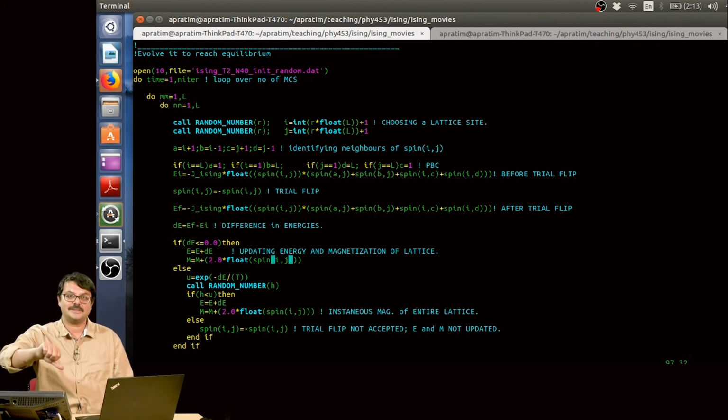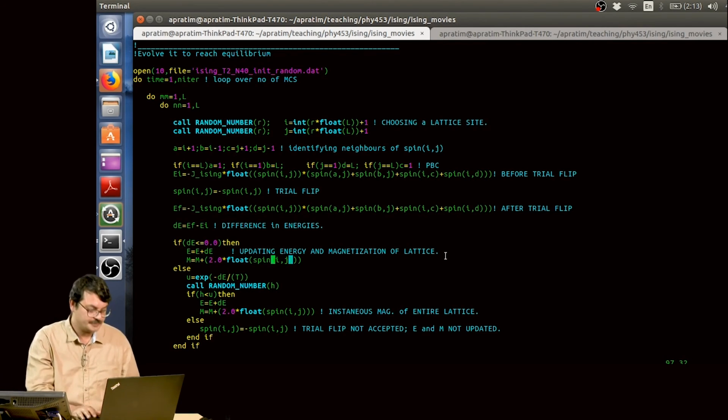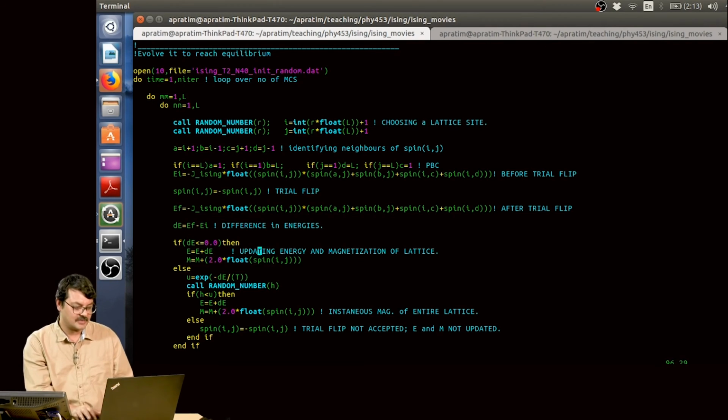So, the change in spin of the lattice is plus 1 minus 1. So, that is why 2, right. So, that is how you get this, but basically you have accepted the spin flip here in these 2 steps and updated the total energy of the lattice and the total instantaneous spin state of the lattice.